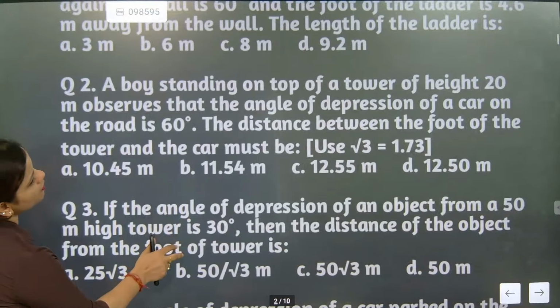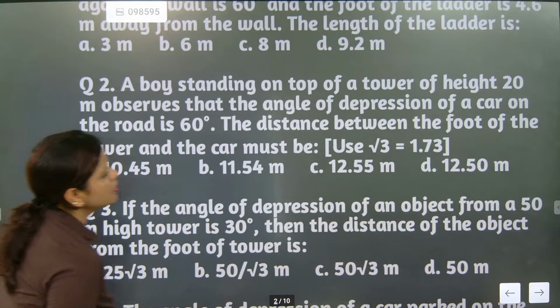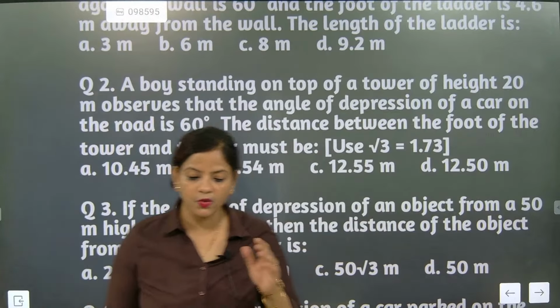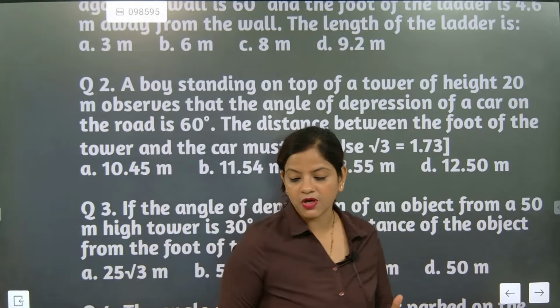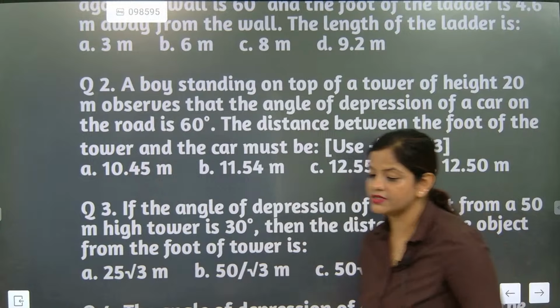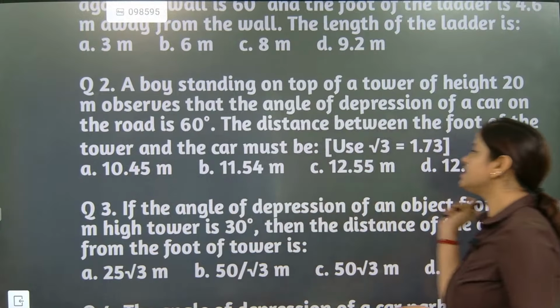A boy standing on the top of a tower of height 20 meters. These are MCQ questions, so we'll do them as fast as possible. Now look here. Come on, draw it. Just tell me the answer. Which option is the correct answer?